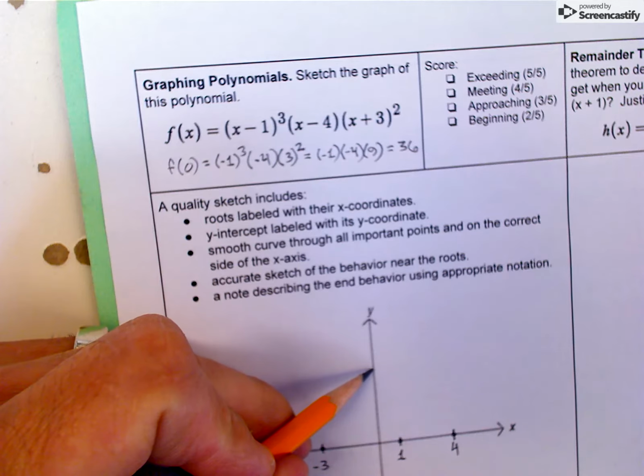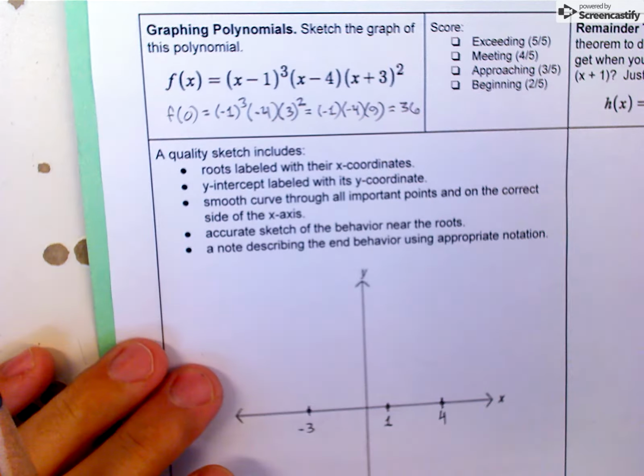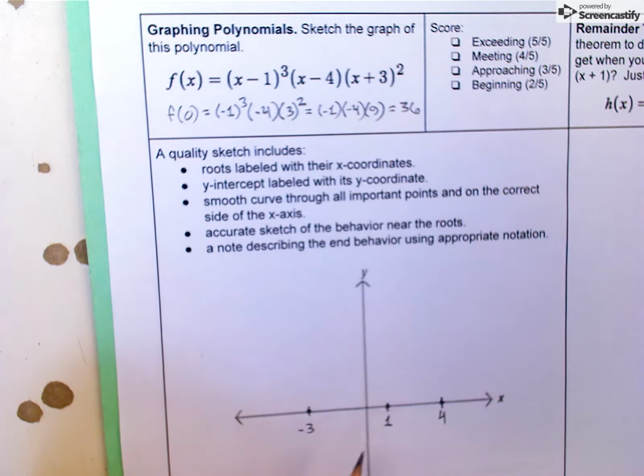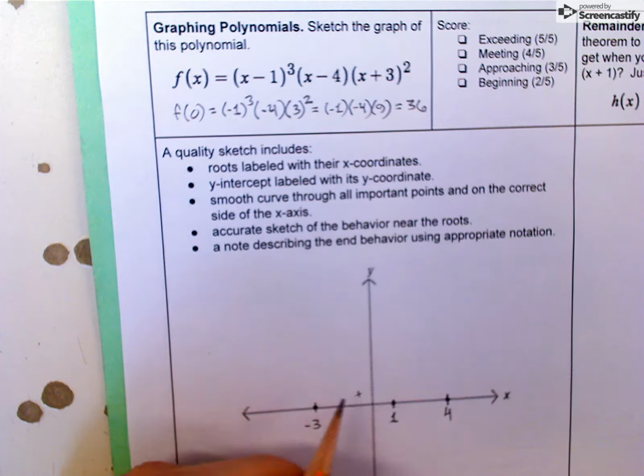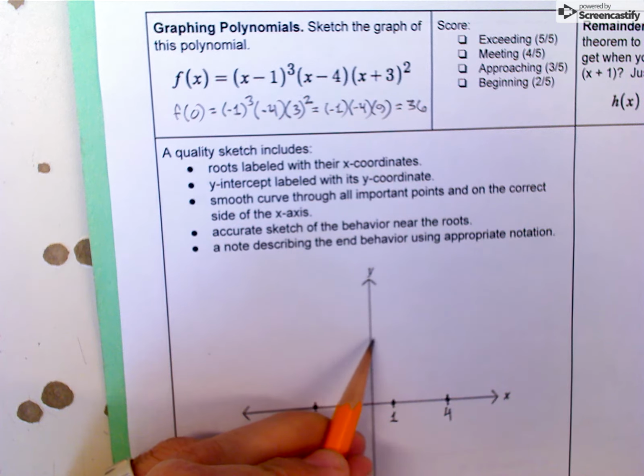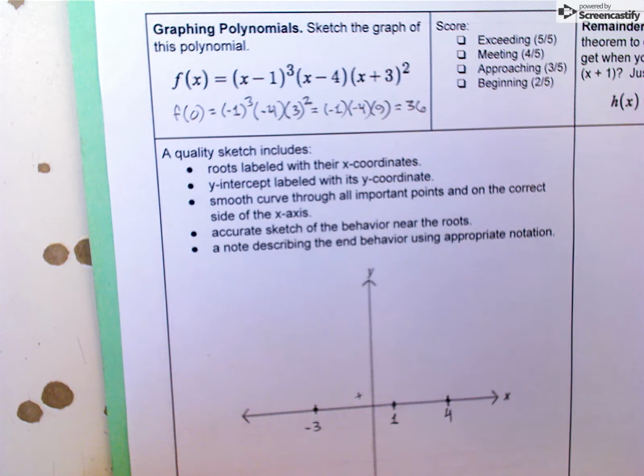Before I try to locate that point on my y-axis and label it, what I'm going to do instead is just acknowledge that on this interval between these two roots, my function is positive because it's going to have to go through positive 36 up here.